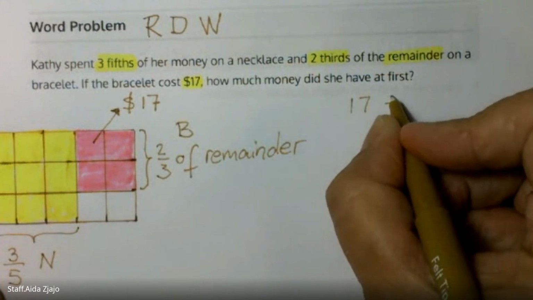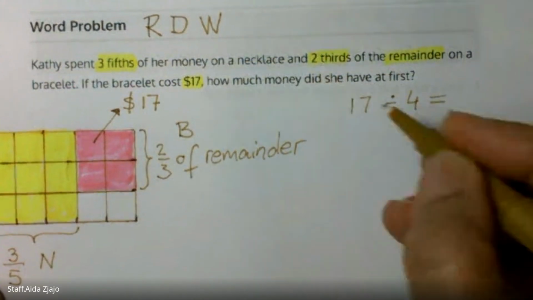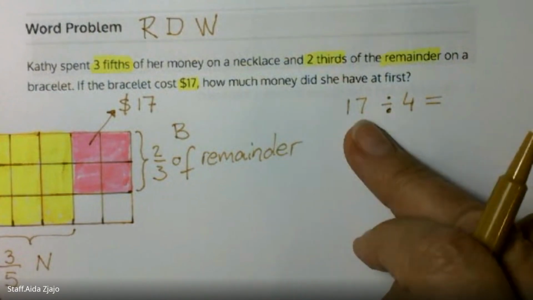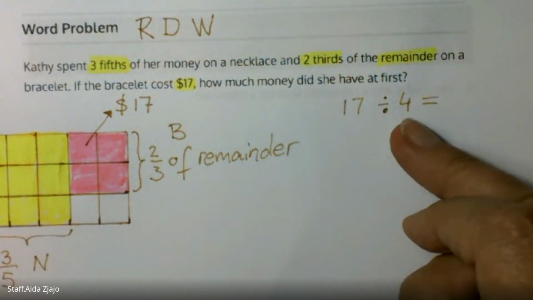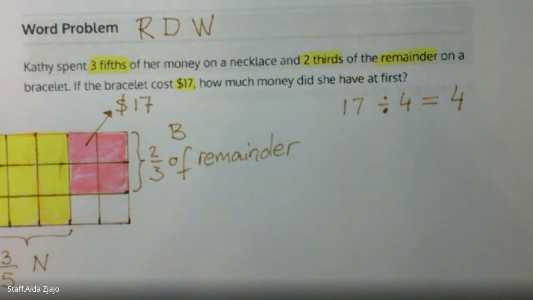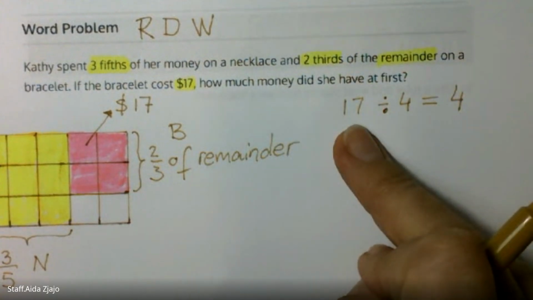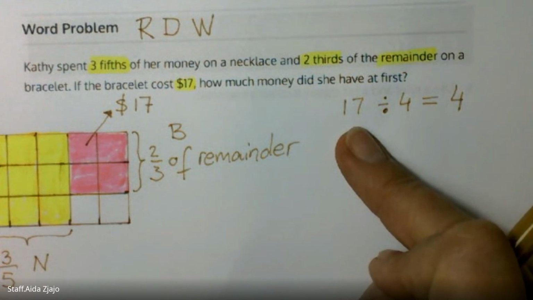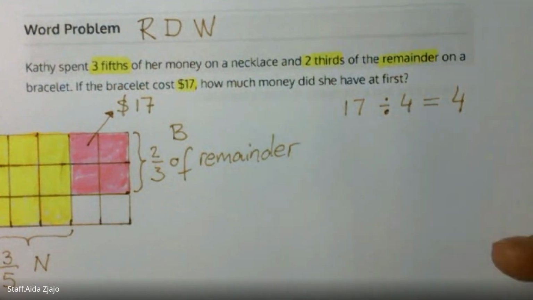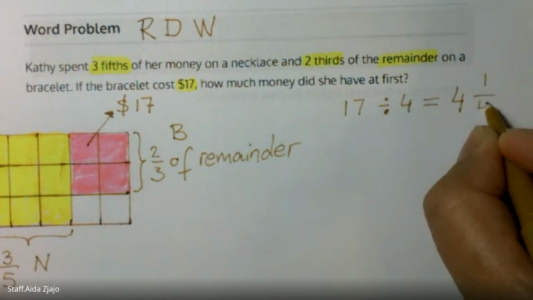Sharing 17 into 4, we can think logically, how many fourths are in 17, and we can think, okay, there is 4. So 4 times 4 is 16. If we use 16 out of 17, we have 1 left, and that can be 1/4. 1 out of 4 pieces will be left.